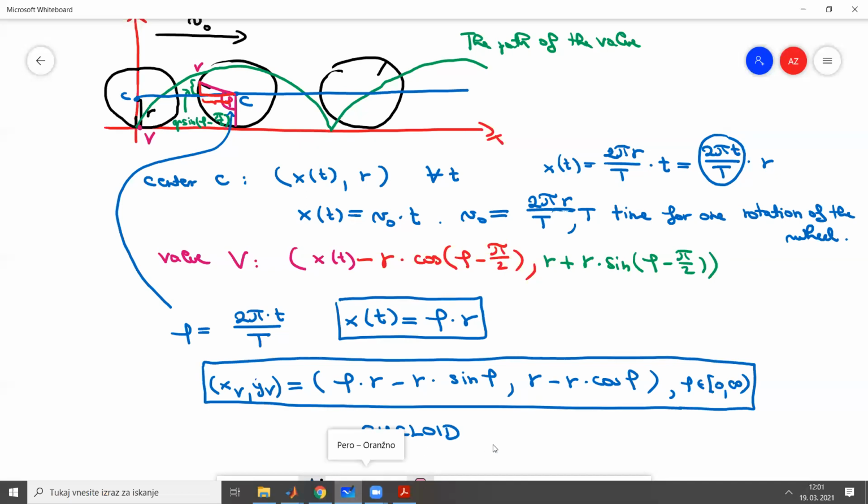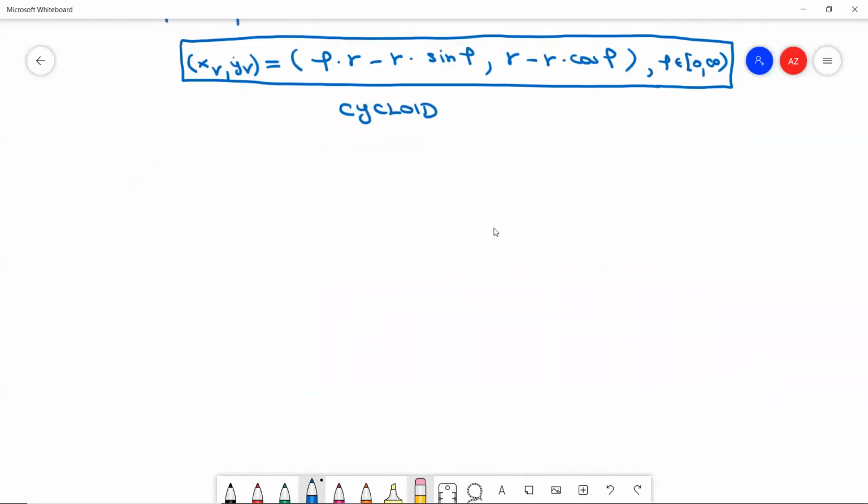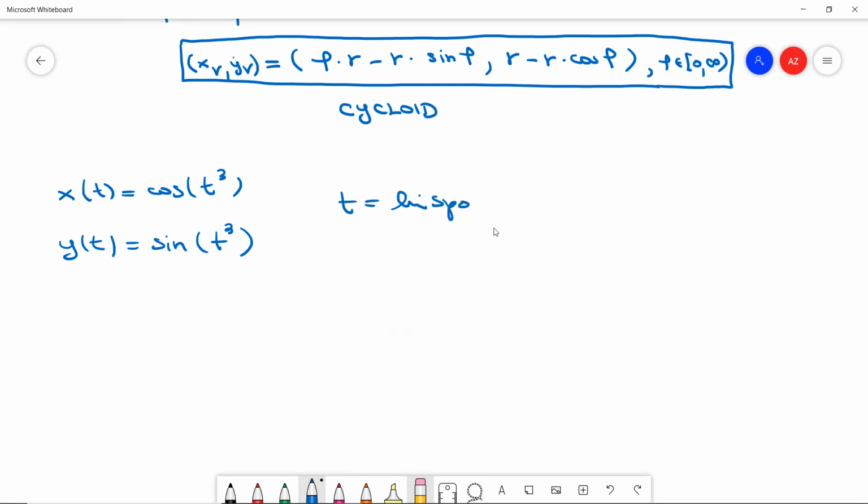So the problem is that when we do this parameterization, x of t is cosine of t to the power of 3, and then y of t is sine of t to the power of 3. And our t is linspace of 0 to 4 pi, let's say 1000 points.